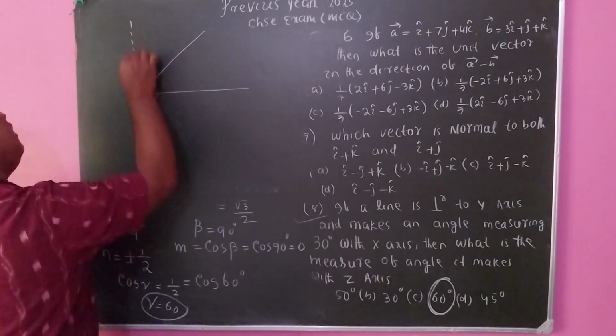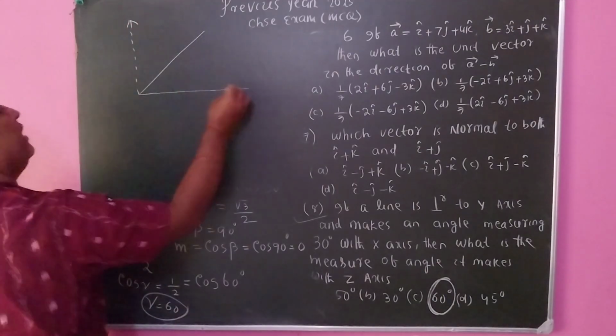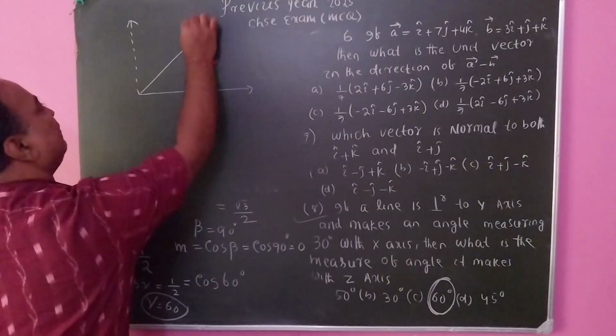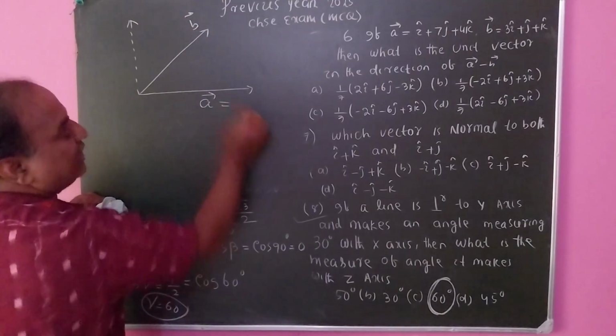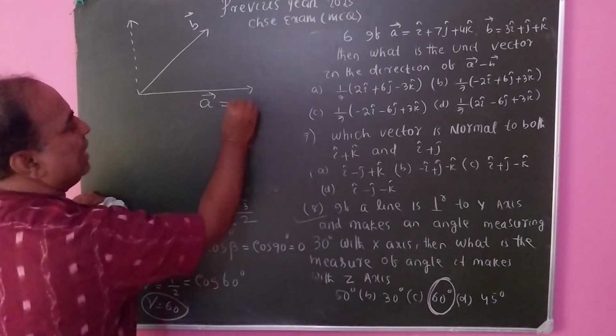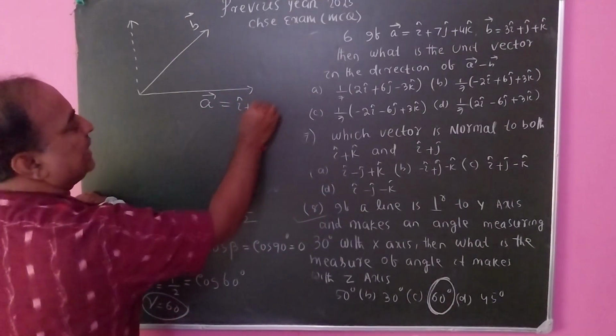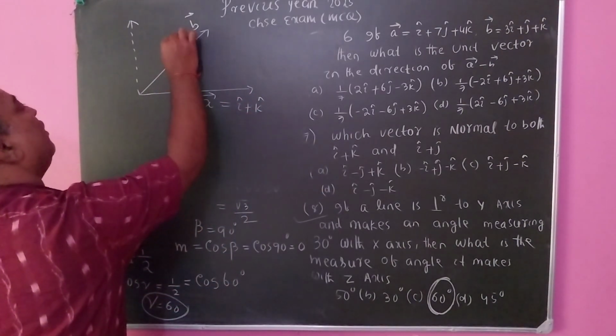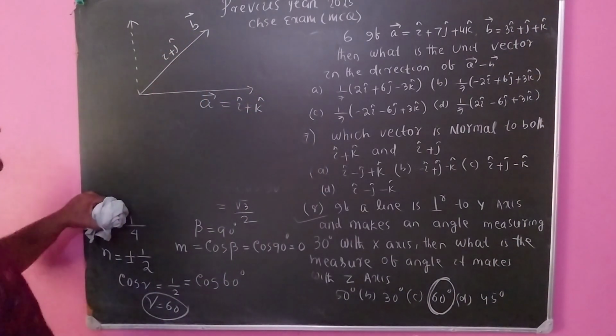A vector is given as i cap plus k cap. B vector is i cap plus j cap.